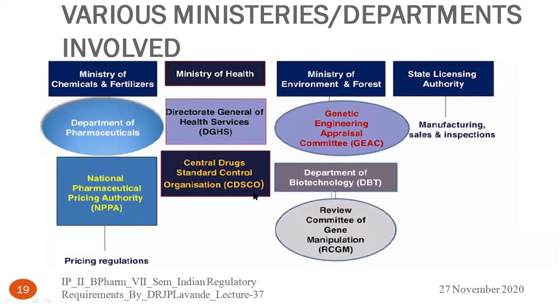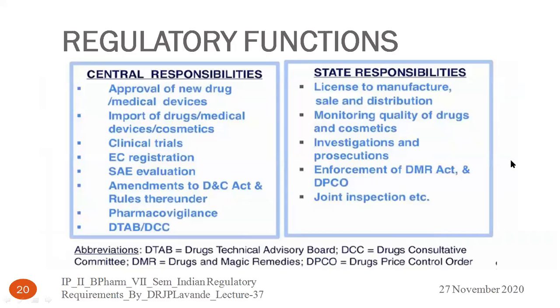Now, this state licensing authority is responsible for the manufacturing of the drugs. After getting the approval from the CDSCO, they will manufacture it, and then they are responsible for the sale and distribution of the drugs and the medical devices. So those are the different ministries and their functionings.